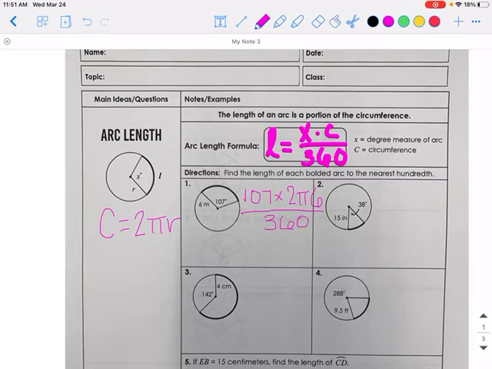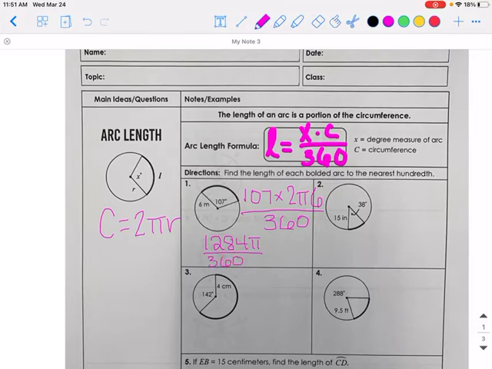I'll simplify the top part and multiply all the numbers. I'll leave the pi symbol as the pi symbol, but I'll do 6 times 2, which is 12. 12 times 107, and I should get 1,284. And I still have my pi symbol all over 360.